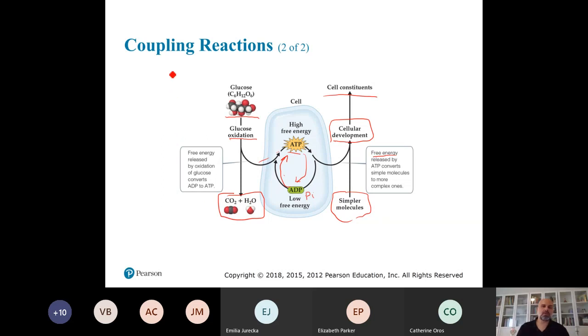And if you wanted to, you could throw another cycle on over here with plants converting carbon dioxide and water, using sunlight as an energy source to convert them into glucose. You can see everything cycles around and around. So all of our energy is based on the sun hitting the planet.